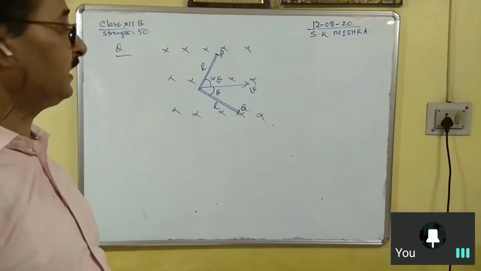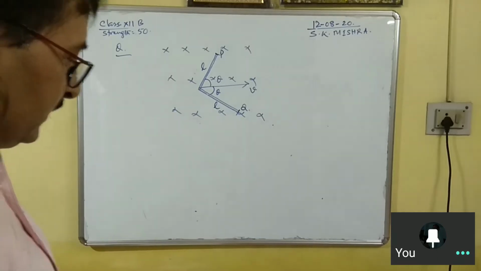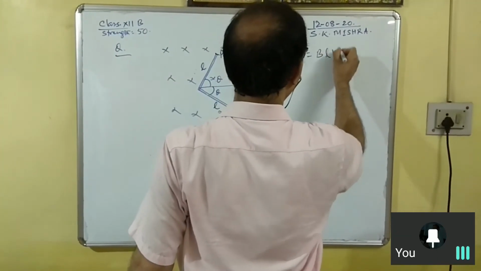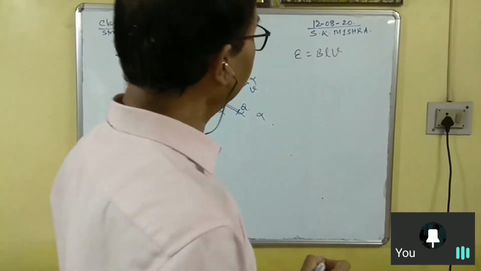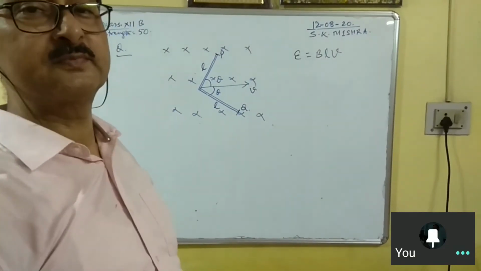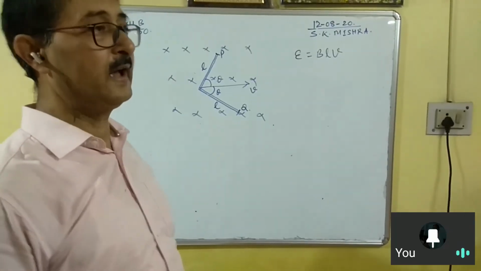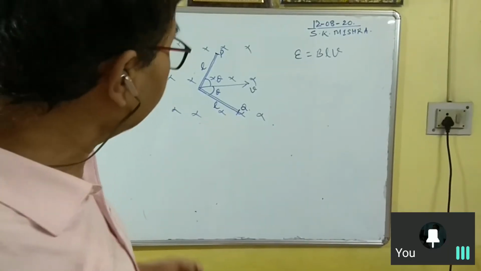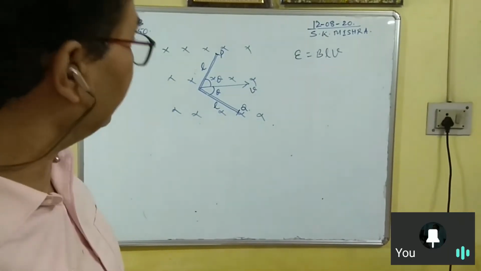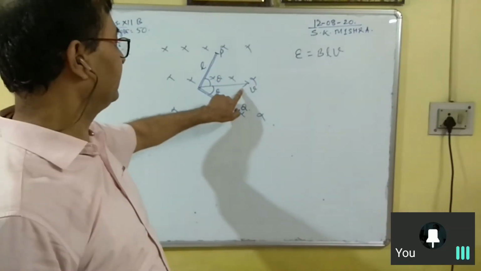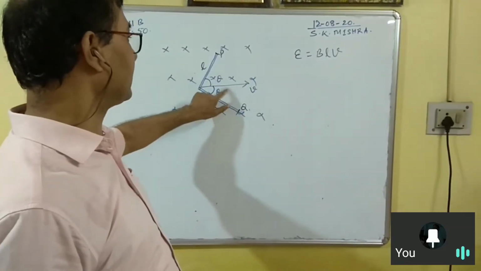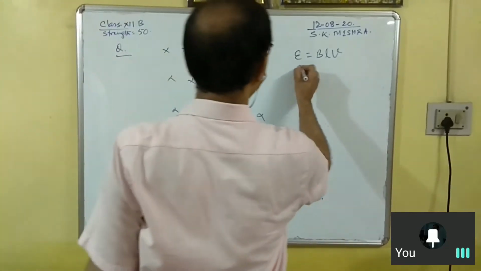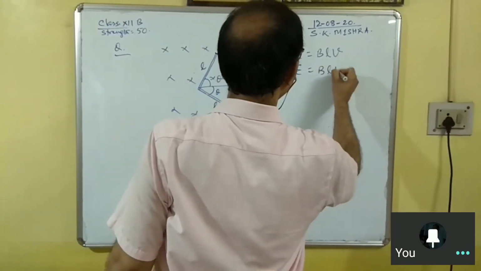How will you find the potential difference? Remember that induced EMF E equals BLV if all three, B, L, V, are perpendicular to each other. But if there lies some angle between L and V, they are not mutually perpendicular, rather they are at some angle theta, then the expression is E equals BLV sin theta.